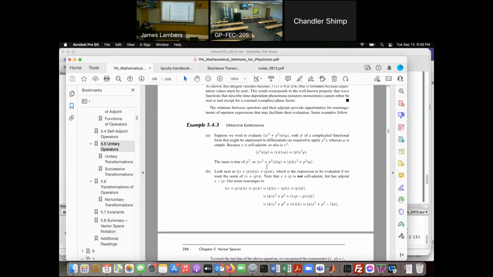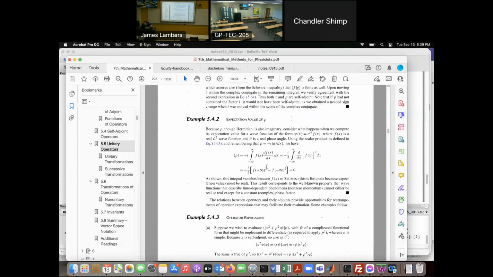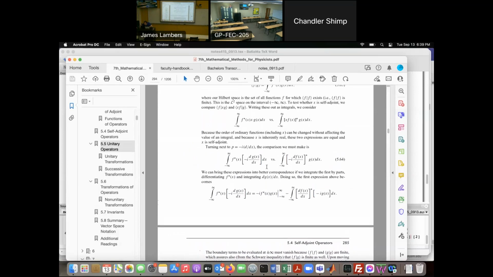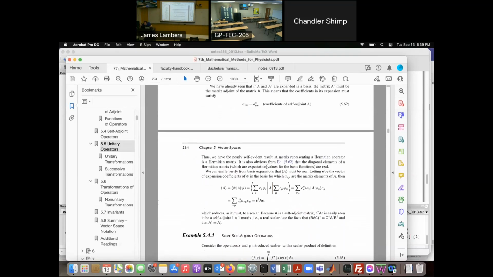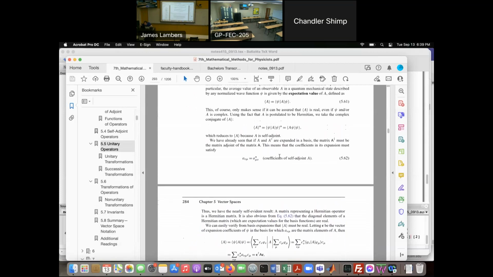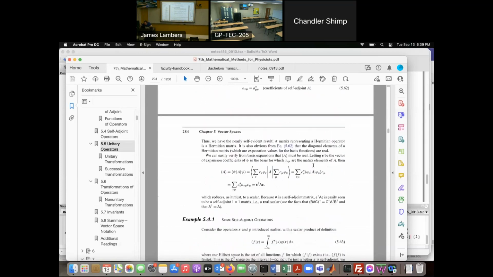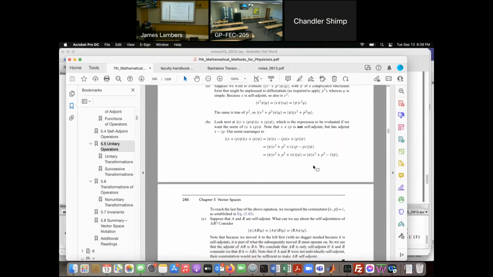I remember that was defined somewhere in here. I remember it being mentioned a couple times in the notes. So it's a working definition here, but yes, the A and B themselves are Hermitian.